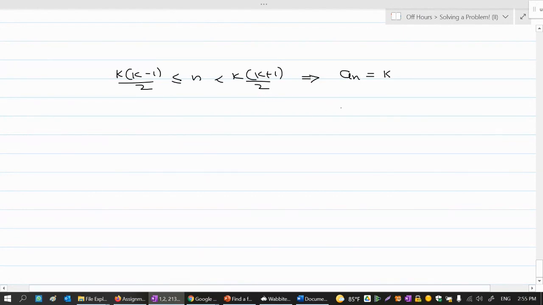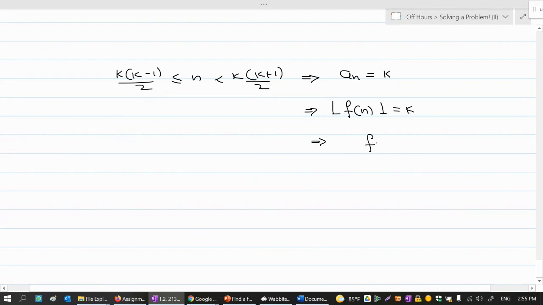But if we assume that a sub n can be expressed as the floor of a certain function f evaluated at n, then this must be equal to k. And this must imply then what?